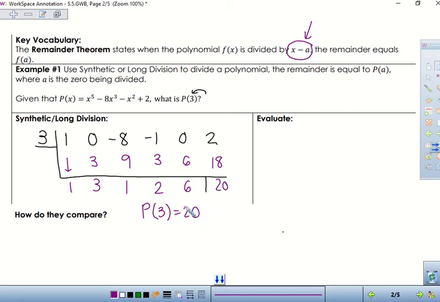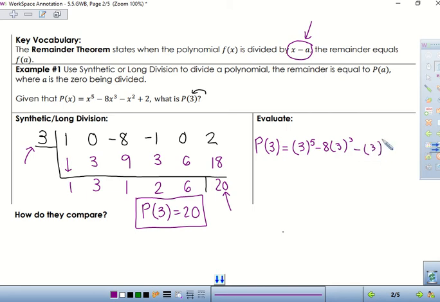So what I was saying is, right here, what that means is when you do synthetic division with some number and you get some result, that's the same thing as plugging this number into the function. So I'm going to show you why that's the case. So if you then evaluate p of 3, if you were to plug 3 in for x, you also would get 20.